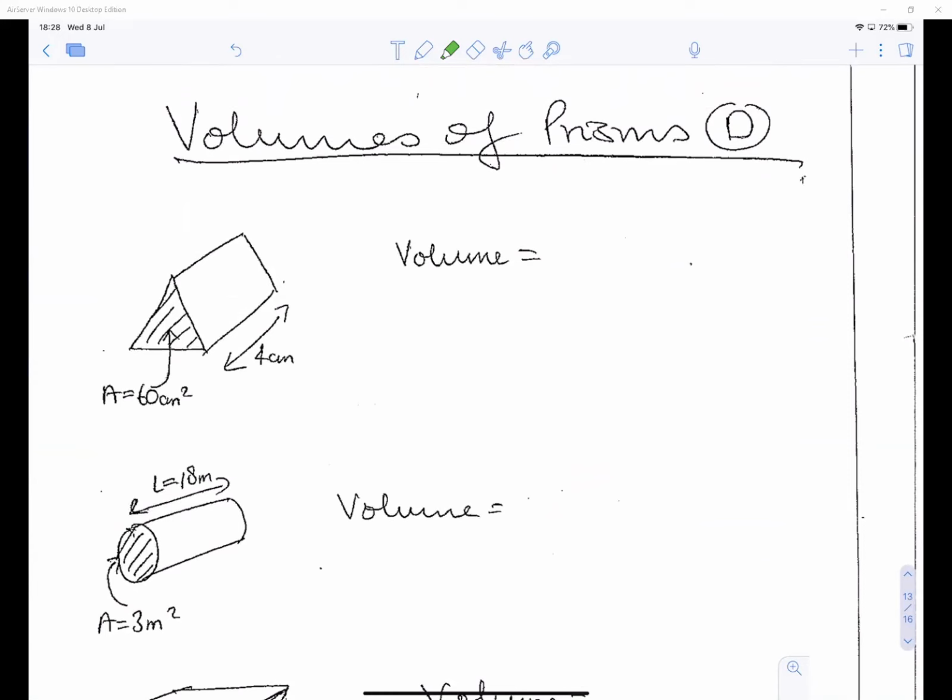The page is moved. I can only see the right bit of it. You can't even see the shape. Maybe some text is lagging on it. What does it say on top? Is it volumes of prisms? Show me the screen. I can't see through my screen. Okay, let me ask the class. I think it's the internet. Tell me when it comes back on. Okay, folks, can I have some feedback, please?